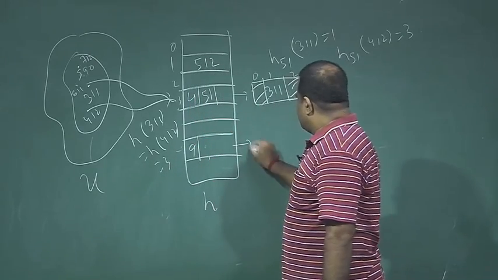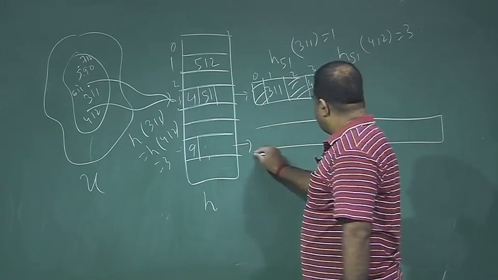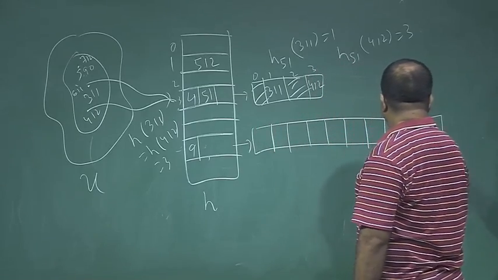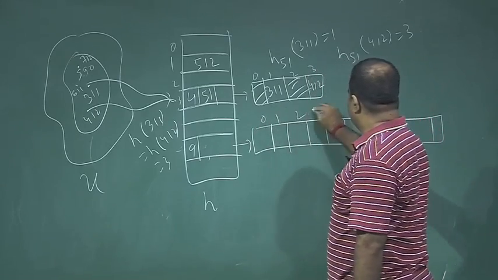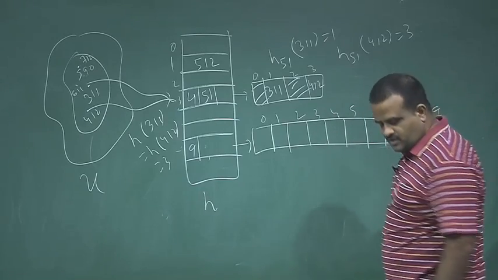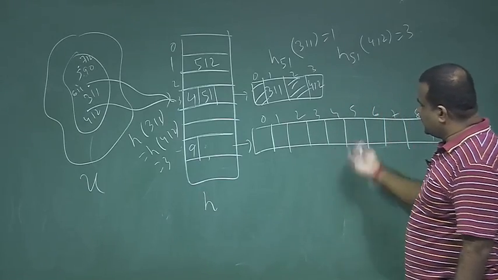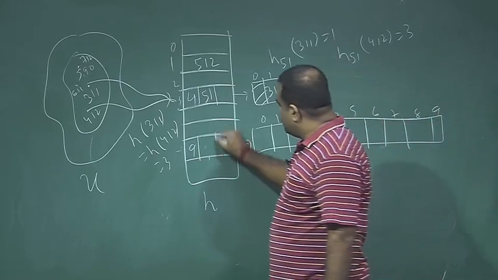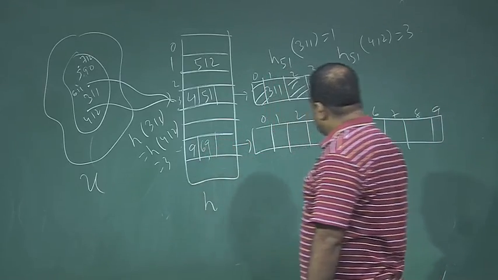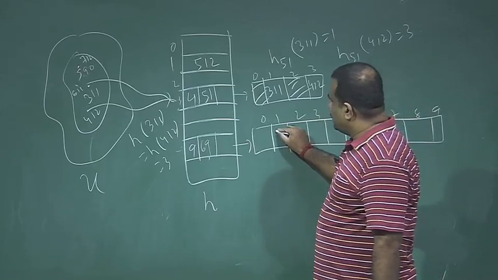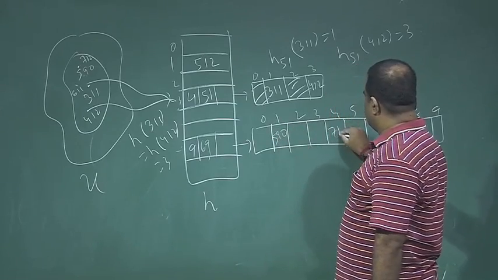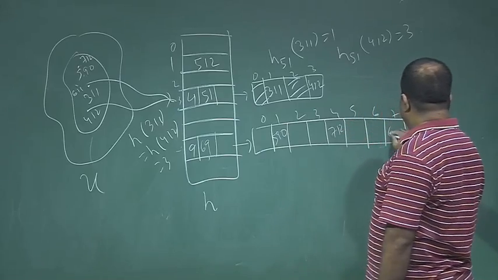In that case we will put a table of 9 slots, 0, 1, 2, 3, 4, 5, 6, 7, 8. We put 9 slots for the second level hash function, and we have a, say this is a 69. So, this is 590, this is 712, and this is 611.